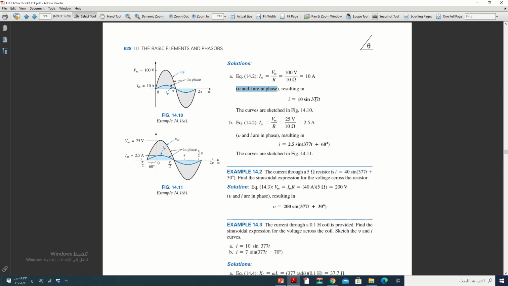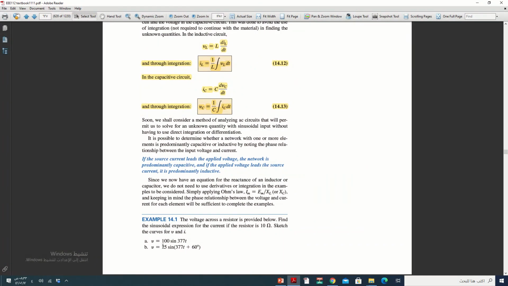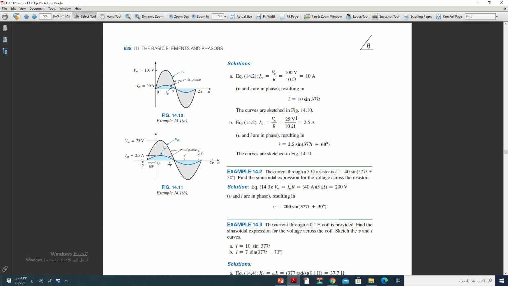There is no shift. What about part B? V equals 25 sine 377 t plus 60. Similar, we divide 25 by 10, it becomes 2.5 amperes. And there is no shift here because the resistor is in phase, so it is written similarly: 2.5 sine 377 t plus 60.